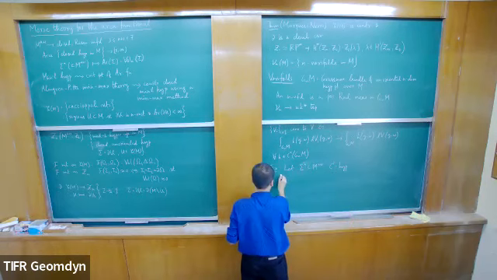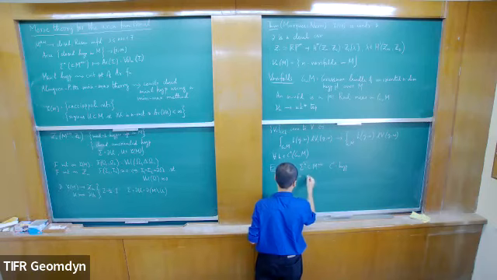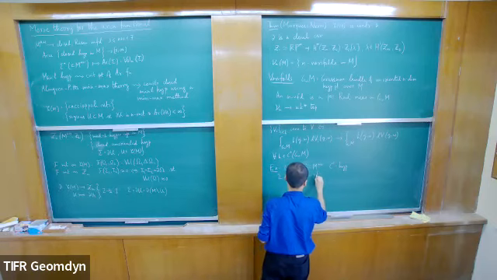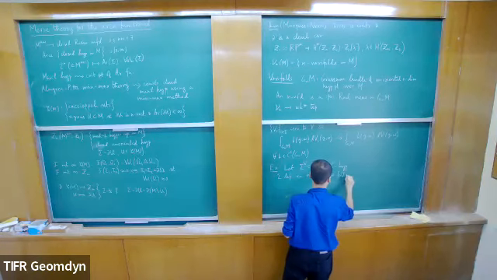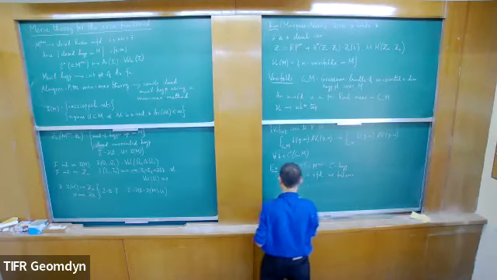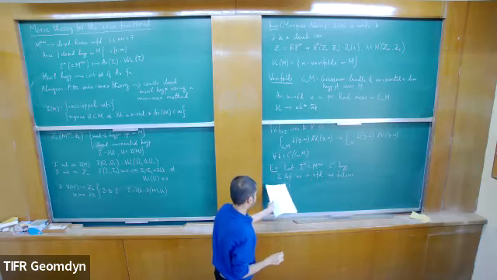Then sigma defines an n varifold as follows. So use this notation to denote the varifold defined by sigma.